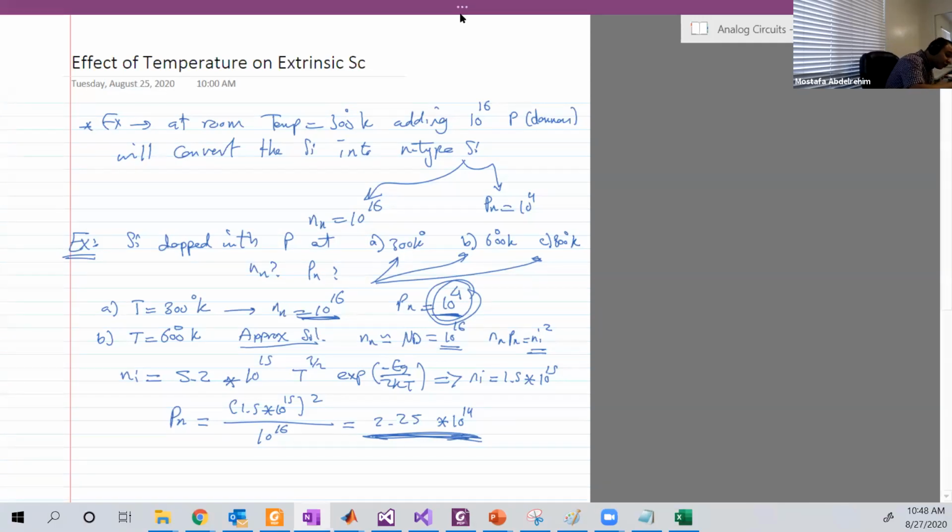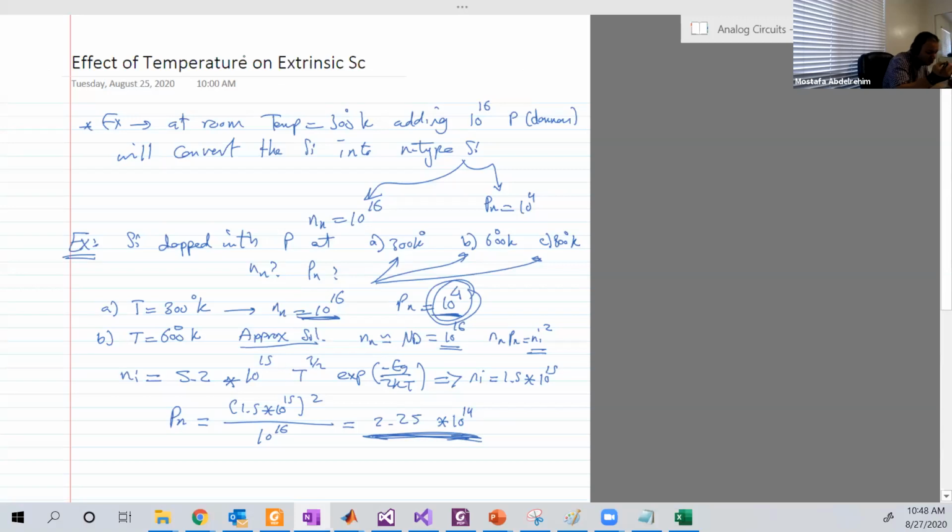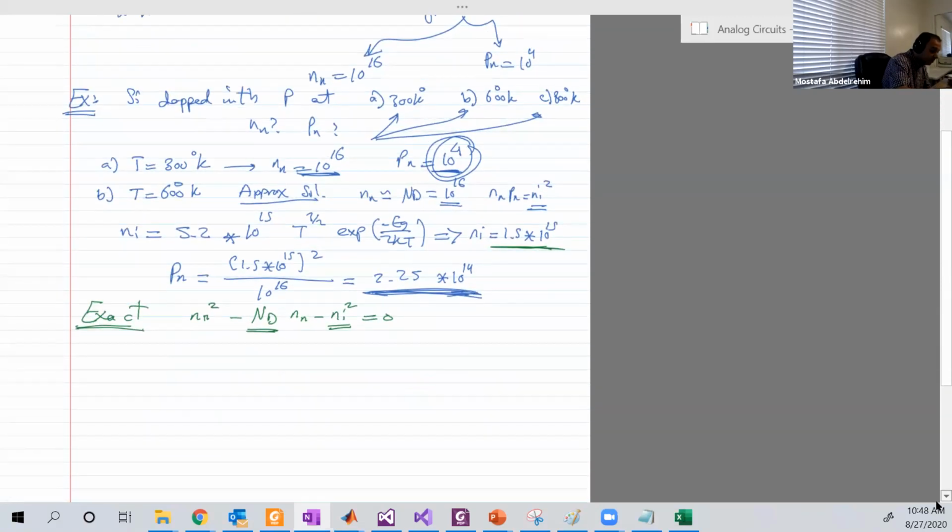Let's do the exact solution and see the difference. In that case, there will not be much difference. With the exact solution, we reach the same equation that we just saw: n squared minus Nd multiplied by n, minus Ni squared, equals 0. We know Nd is 10 to the power 16. Ni, remember again, changed to 1.5 × 10 to the power 15.